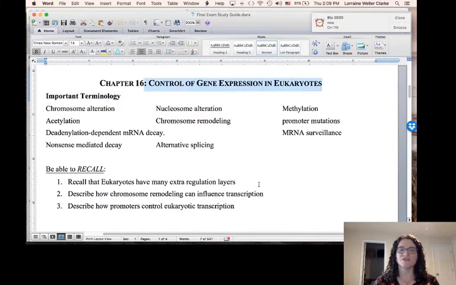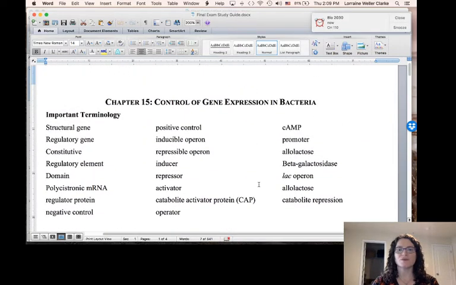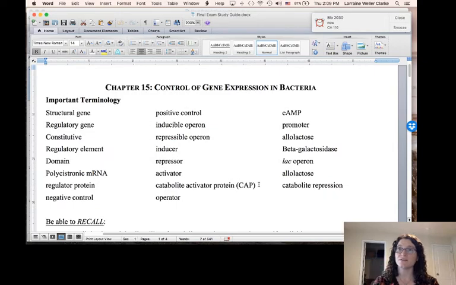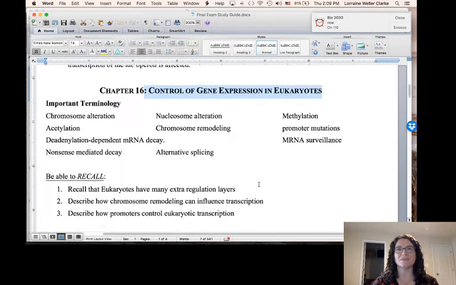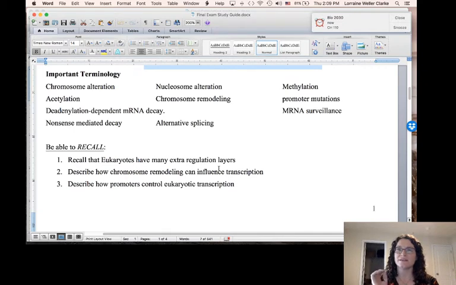The gene expression in eukaryotes. So this was for the gene expression in bacteria. Gene expression in eukaryotes, the major pieces I want you to understand is that eukaryotes have those extra regulation layers, chromosome remodeling being a major way that we control what's transcribed, and that promoters and any promoter influences will strongly influence transcription as well.